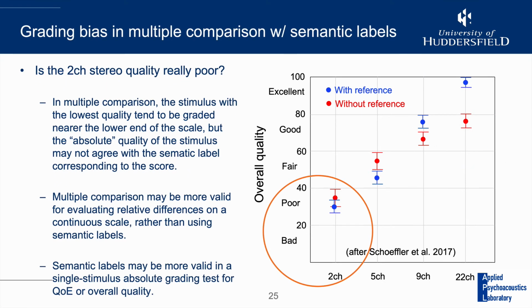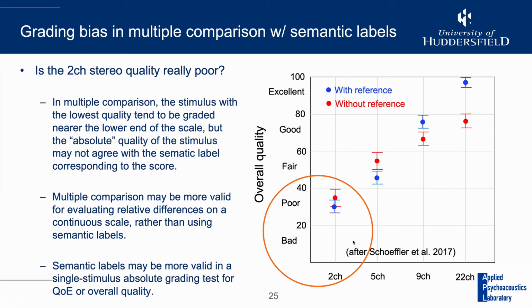And we can observe another interesting thing in Scheffler's result, which seems to suggest another limitation of multiple comparison tests with semantic labels. Here, the 2-channel stereo stimulus is graded in the poor category between 40 and 20, regardless of whether the reference was used or not.